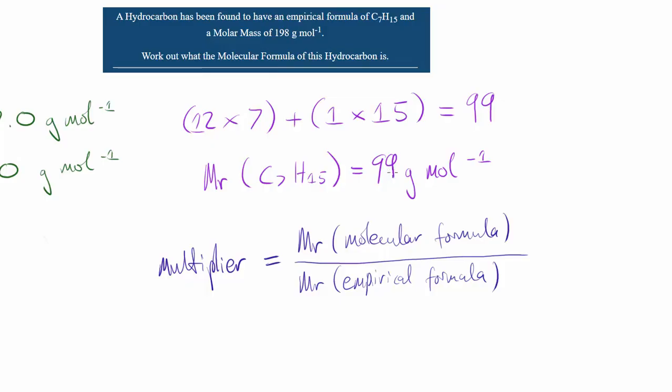So we know the MR of the molecular formula is what we've been given, 198, and we've worked out the empirical formula's molar mass, 99.